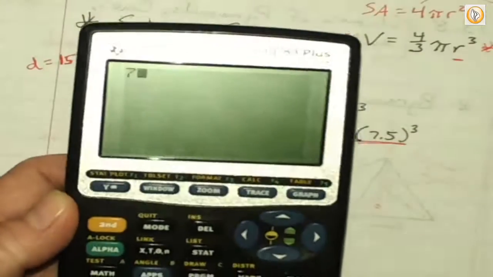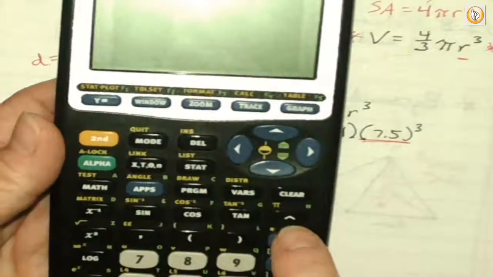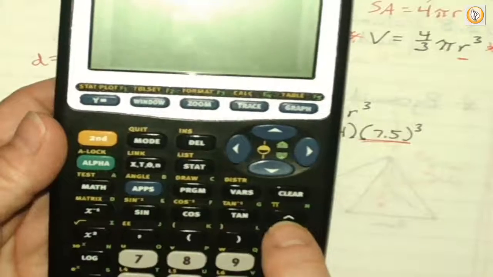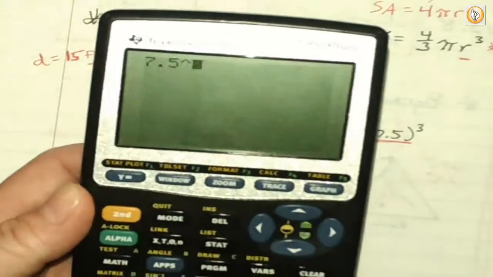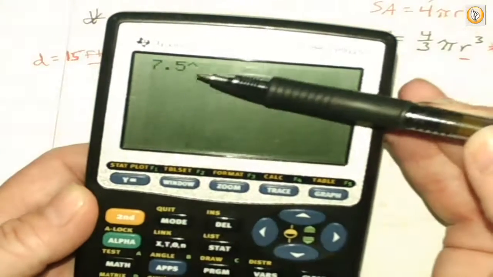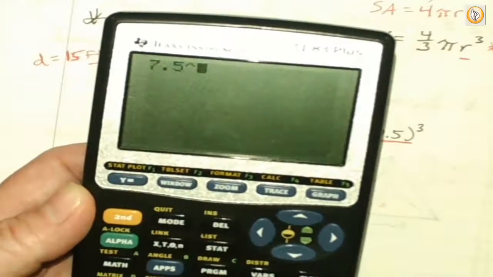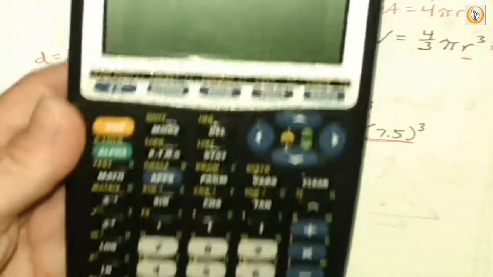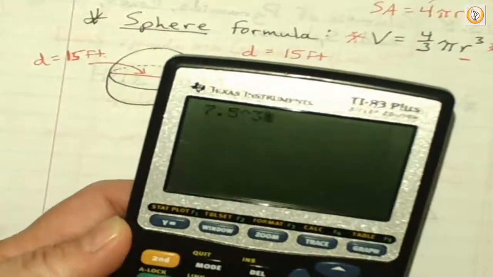We do 7.5. And you see this little arrow thing right here? Press it and there it is up there on the screen. Now you can put whatever exponent you want. It's a 3 because it's cubed, and this is how it would look.